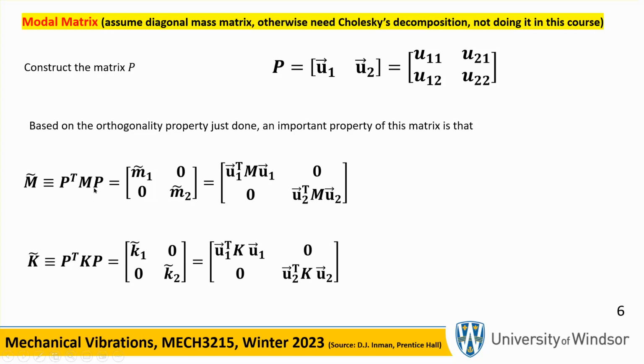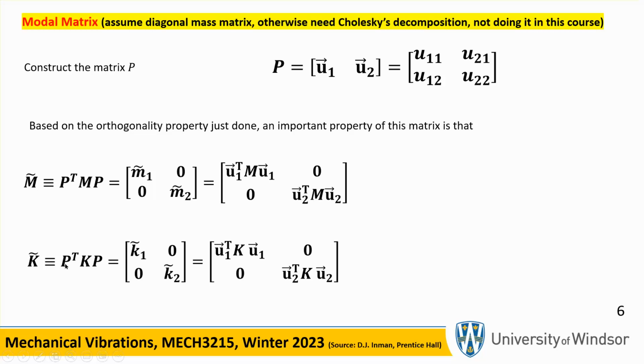Now, for the people who are in class this morning, I actually went through this product and showed people that it is going to be a diagonal matrix, 0, 0. M itself is diagonal, so you might say, oh yeah, M is diagonal, what's the big deal? But K, this matrix, the stiffness matrix, was not diagonal.